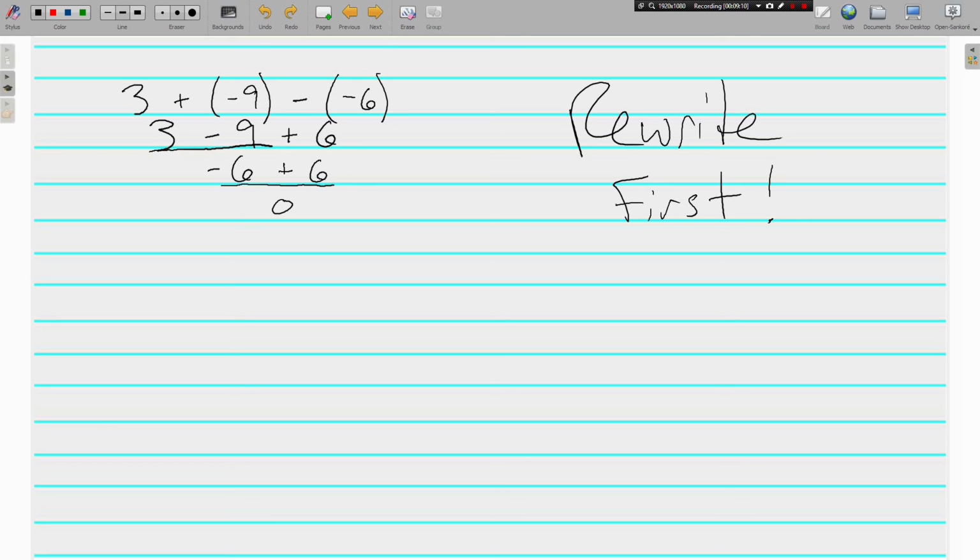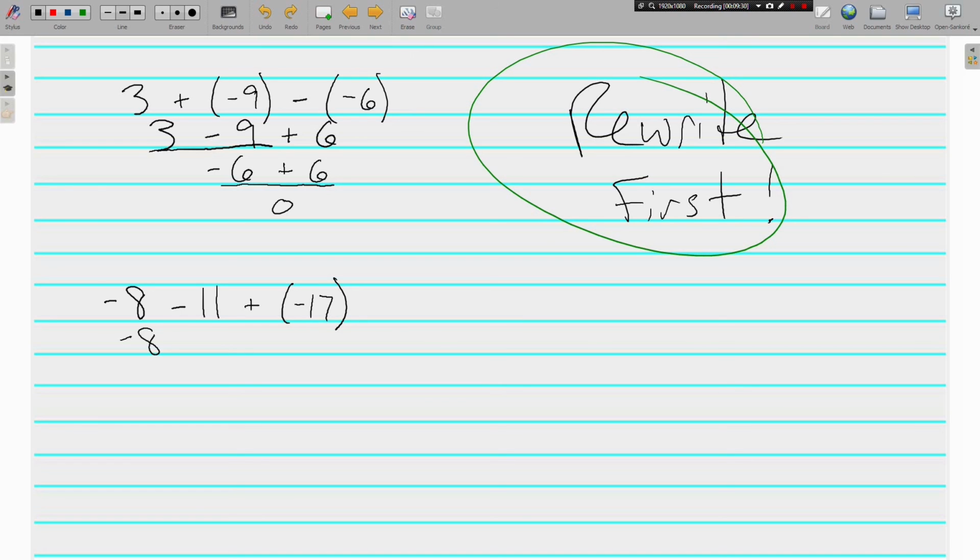Let's look at one more. Negative 8 minus 11 plus negative 17. Again, I'm going to choose to rewrite first. I don't like when there are two signs in a row.